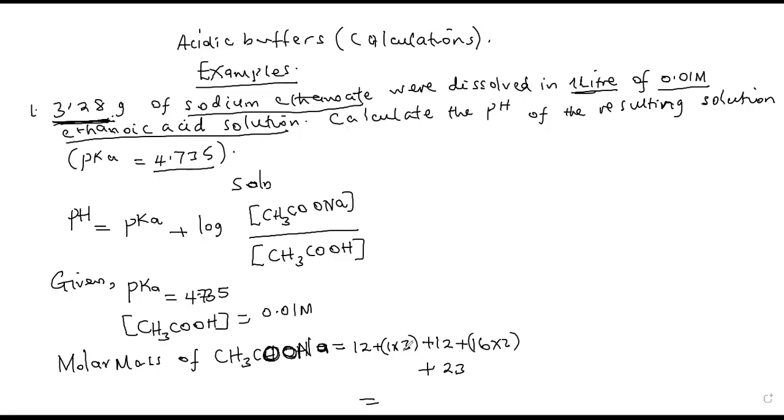This is 12 plus 3, that is 15, plus 12 is 27, plus 32 is 59, plus 23 gives 82. So the molar mass is 82 grams per mole.